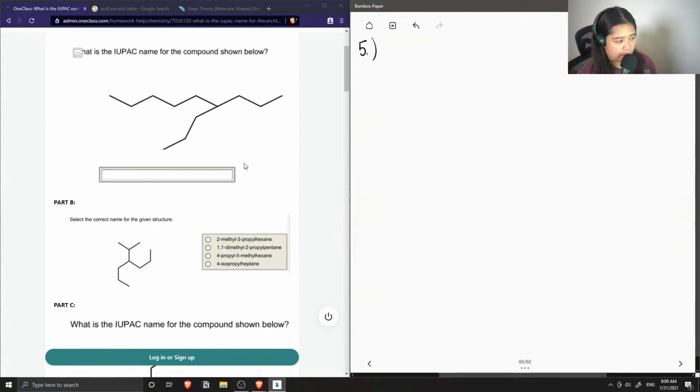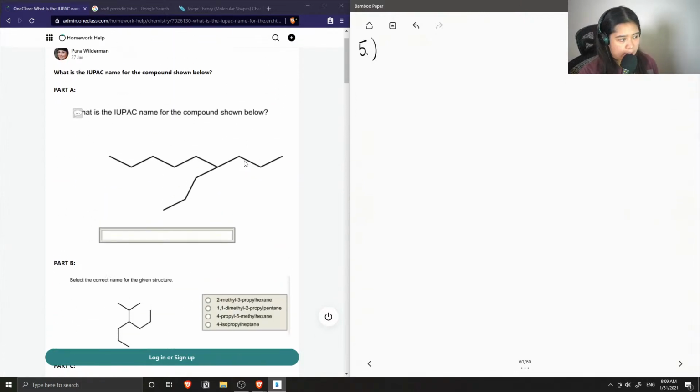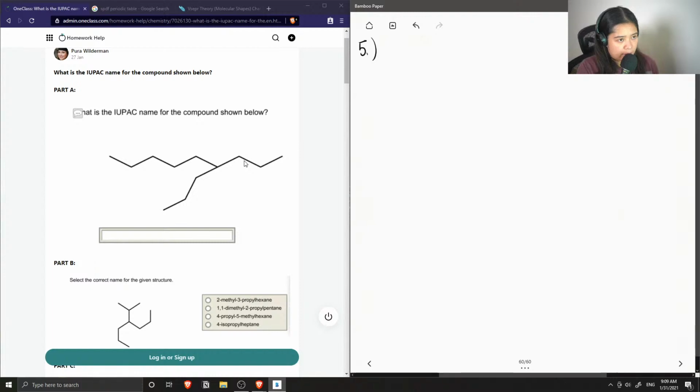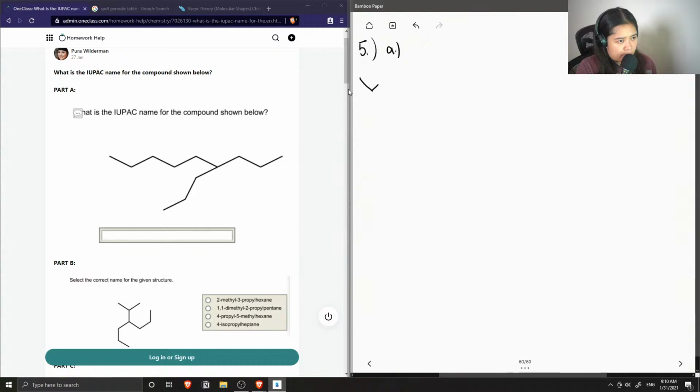We have 4 different compounds, and for the first compound, it's just a linear hydrocarbon, with also a side chain going down like this.